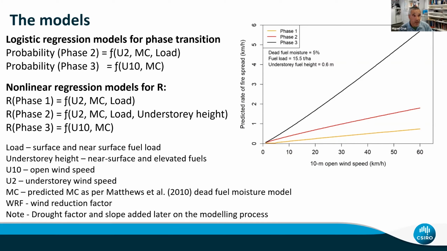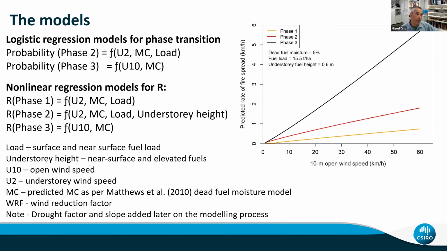So, in terms of the logistic regression models, the models determine the transition between phases. The likelihood that the fire spreads in phase two is given by wind speed at 2 meters, so the understory wind speed, moisture content of the fine fuels, that's predicted by Stuart Matthews' fuel moisture model, and the load of surface and near surface fuels.